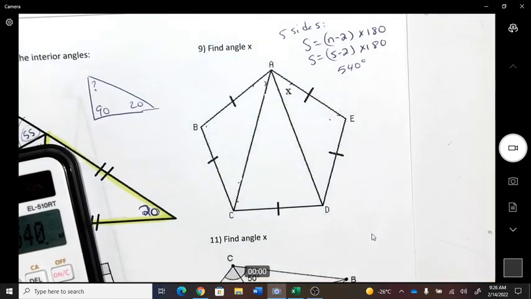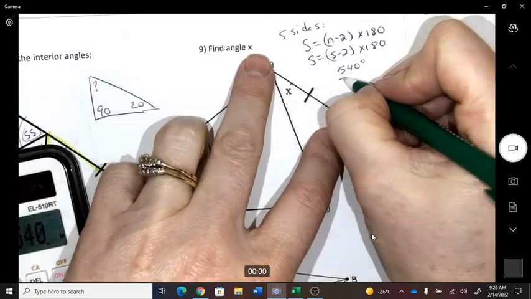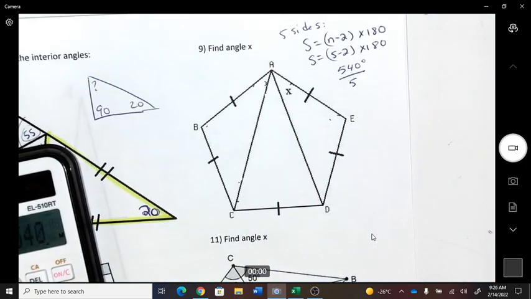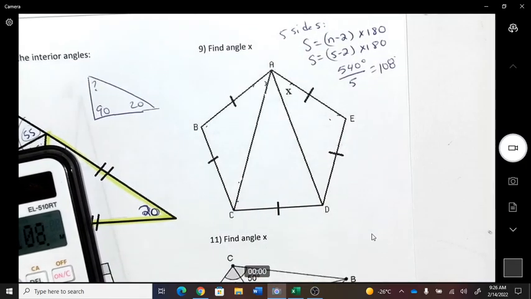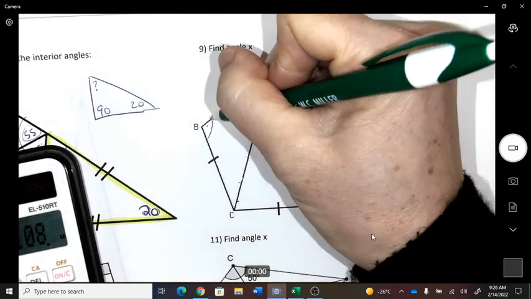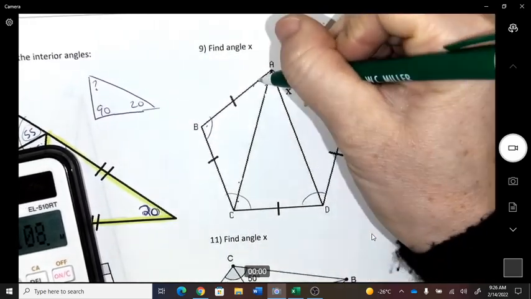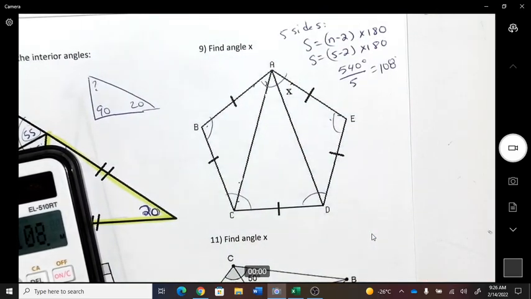Okay, inside the whole shape, are we getting 540 with the formula? But I'm going to go this, and I'm dividing it by 5. So each angle on the shape is 108. So that's this, like each corner, each of those is 108.